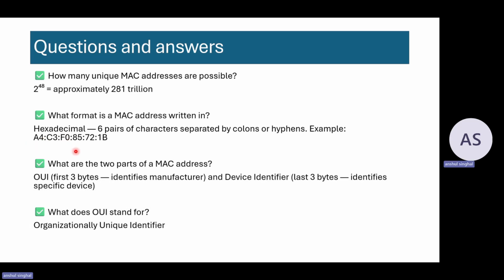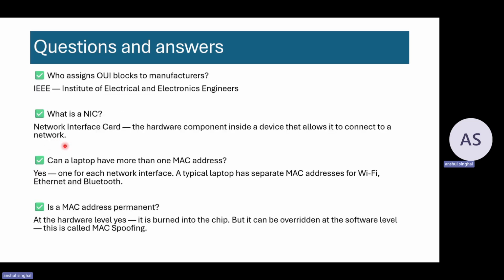So every manufacturer like Apple, Google, or Intel needs to have this manufacturer ID, right? So it's the IEEE organization which assigns these unique identifiers to each manufacturer. And that is what OUI stands for, organizationally unique identifier.